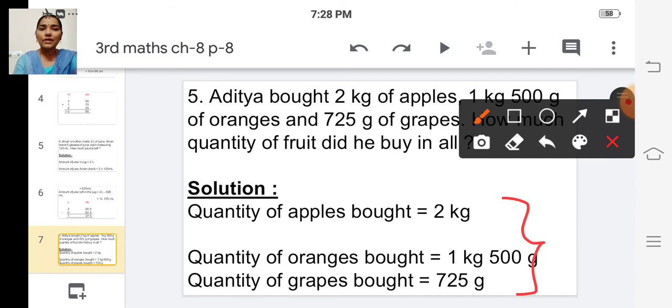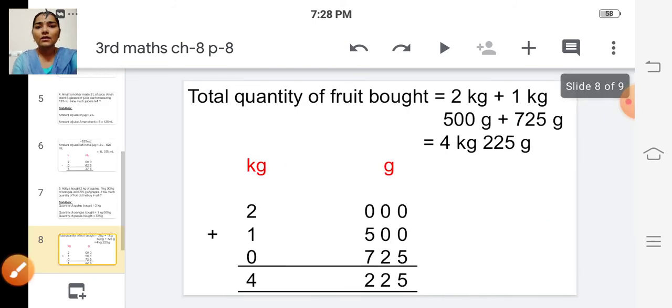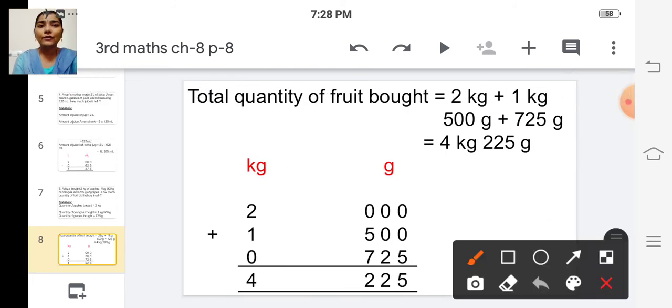We have to find out the total quantity of fruit, so we have to add these 3 quantities. Total quantity of fruit bought is equal to 2 kilogram plus 1 kilogram and 500 gram plus 725 gram.